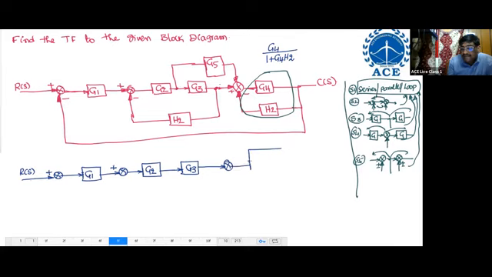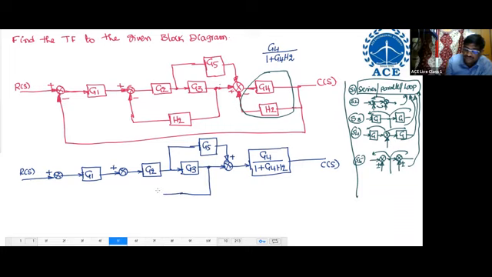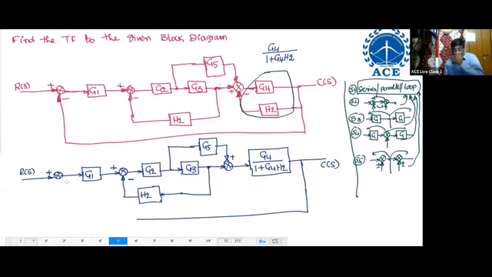Here I can write directly G4 by 1 plus G4 H2, then C of S. Here G5. Here H2. Right, this is the diagram.